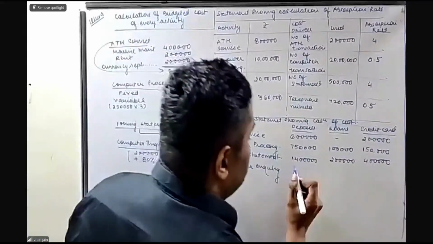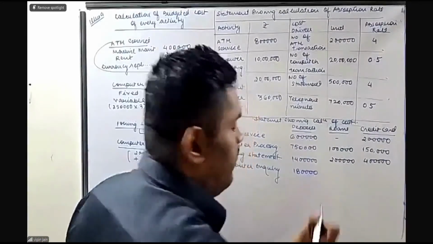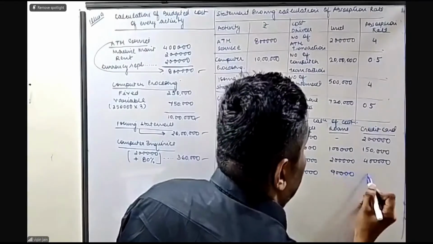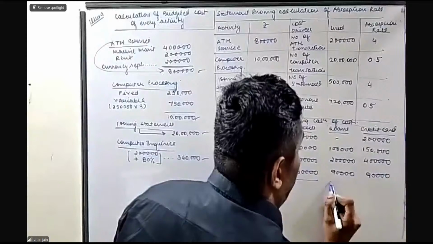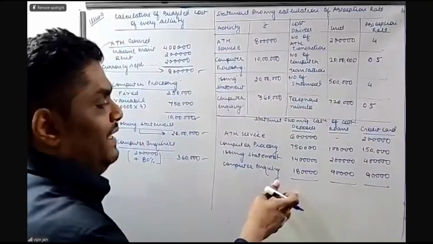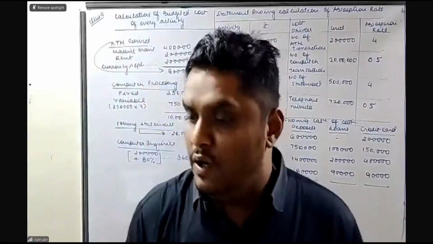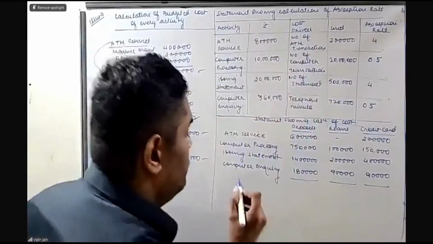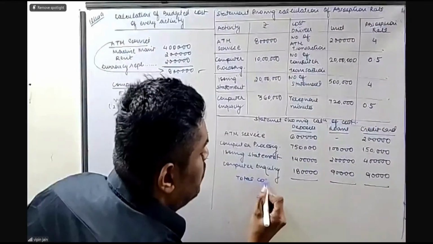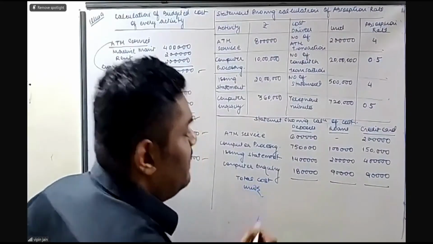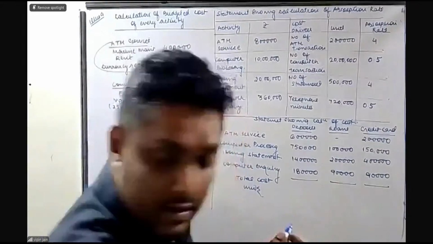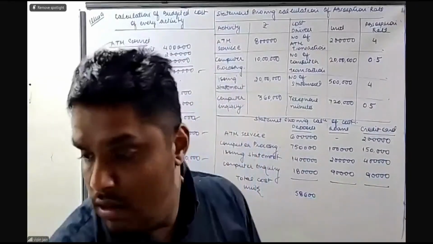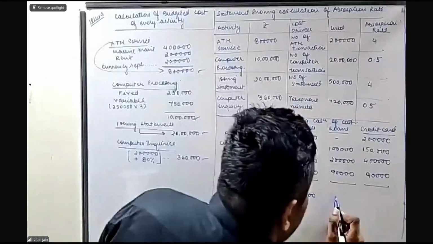So it is 1,80,000. 90,000 and 90,000. So we calculate the total cost divided by the number of units, that is 58,600, 13,000 and 14,000.